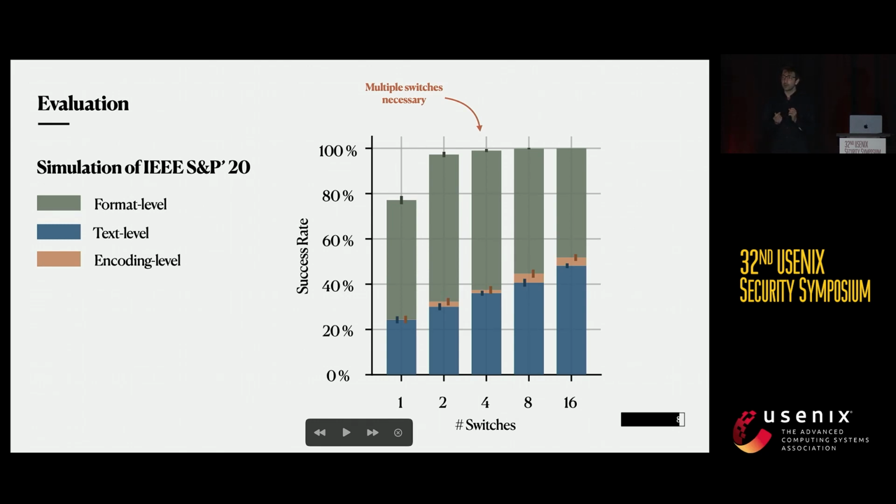Text level are really only visible transformations to the PDF submission, like adding text, adding references, some spelling mistakes, right? And interestingly, we can get around 50% success rate just by using text changes to control the reviewer assignment to some part. More results are in the paper.